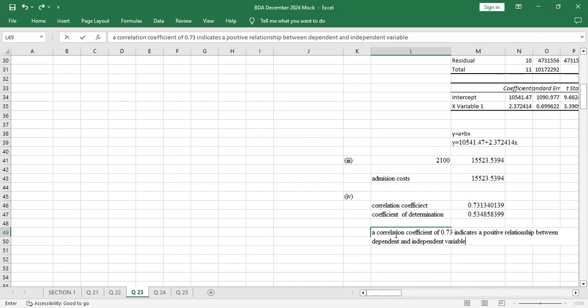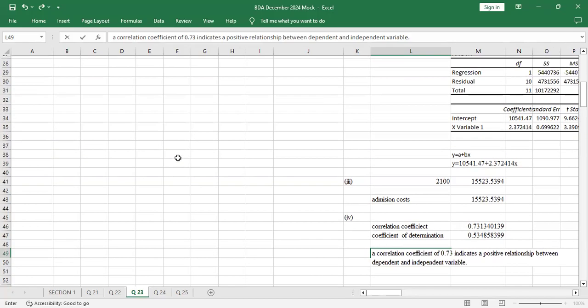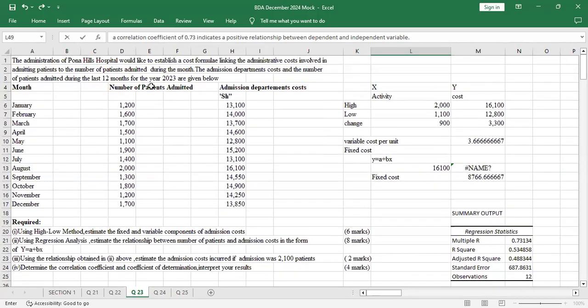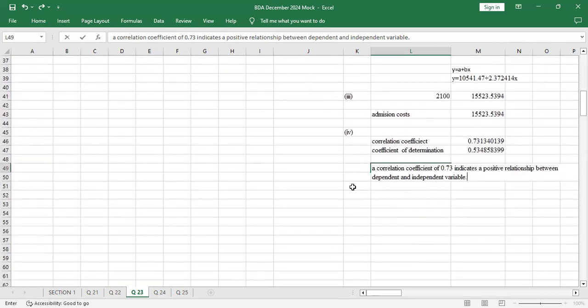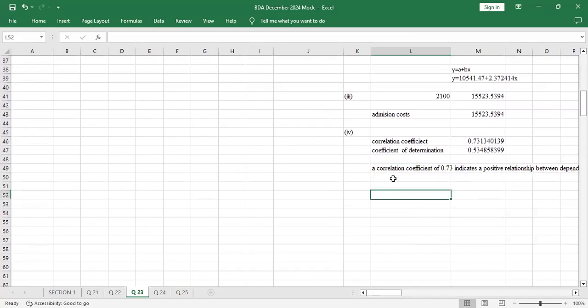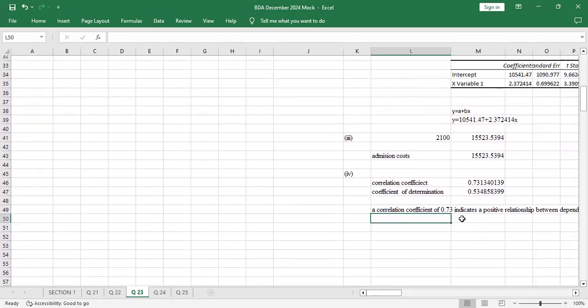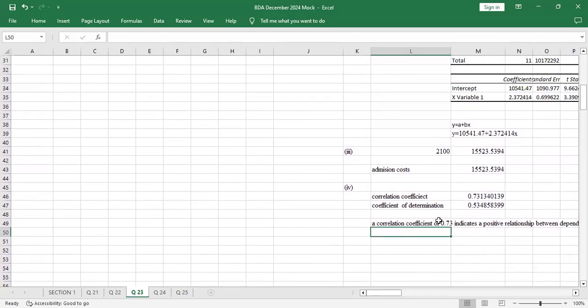And the dependent and independent variables are the number of patients admitted and admission cost. So when you have a positive correlation coefficient, it indicates a positive relationship between dependent and independent variable.